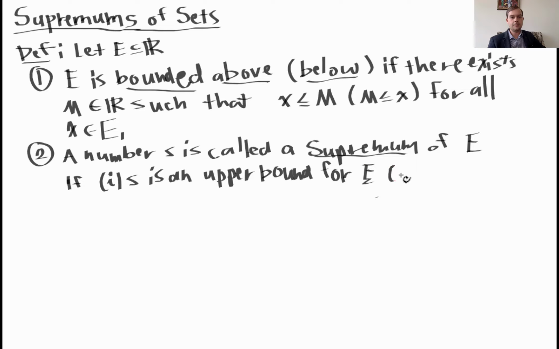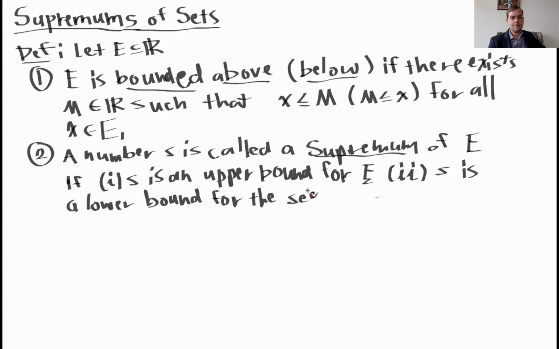And the second thing is that S is a lower bound for the set of upper bounds of E. And so often we'll use the terminology that S is a least upper bound.